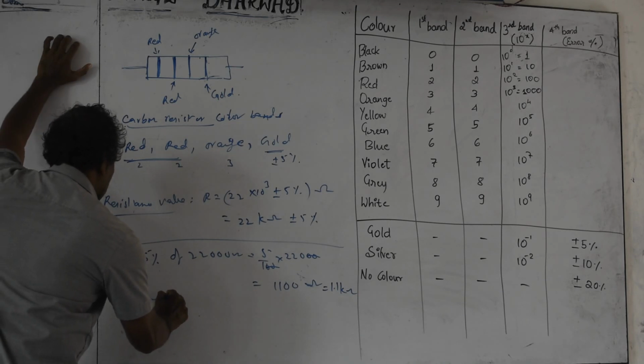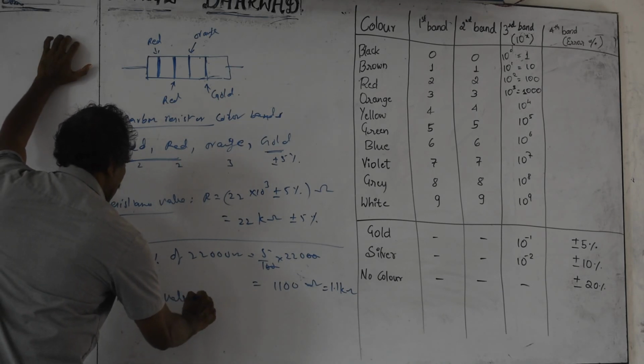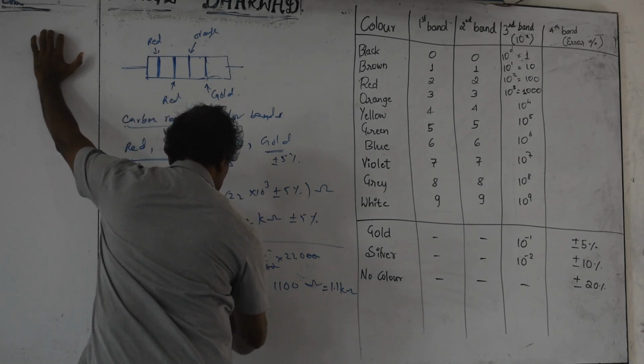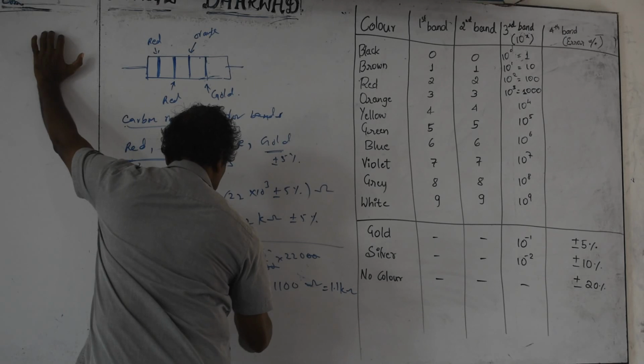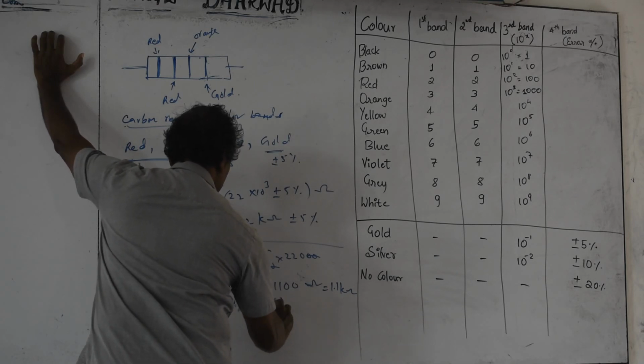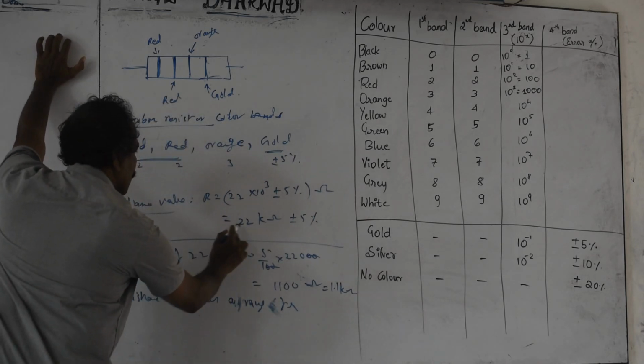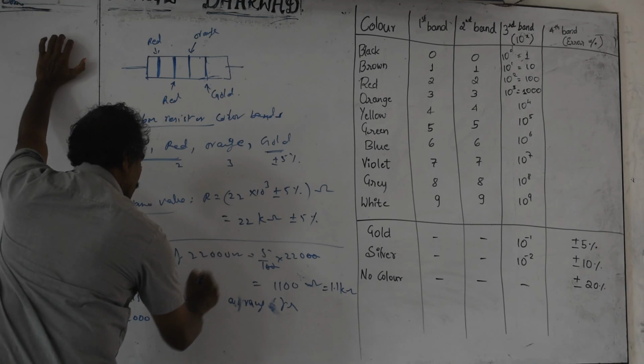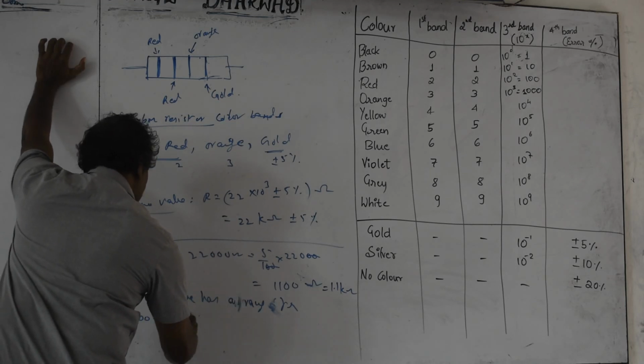The resistance value has a range, from 22,000 minus 1100 ohms.